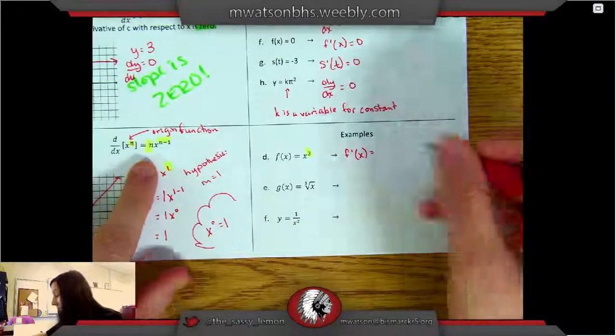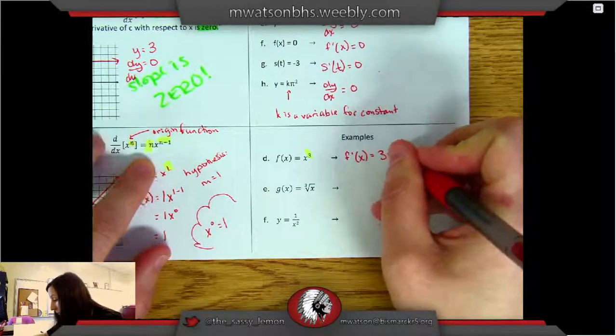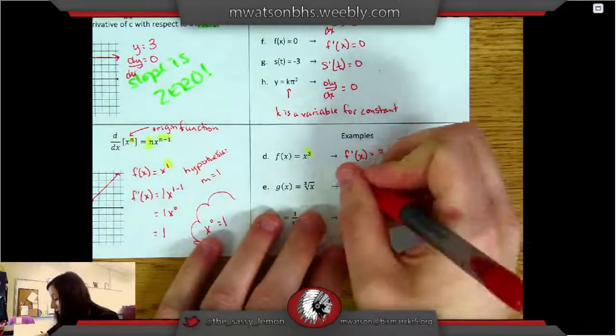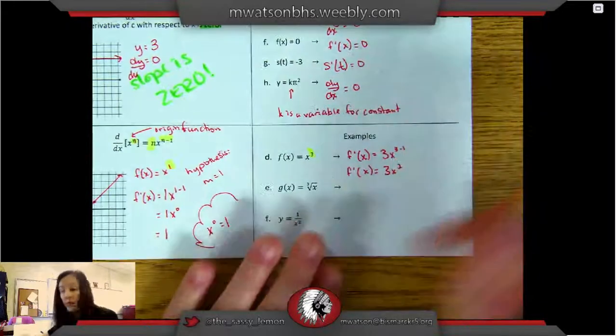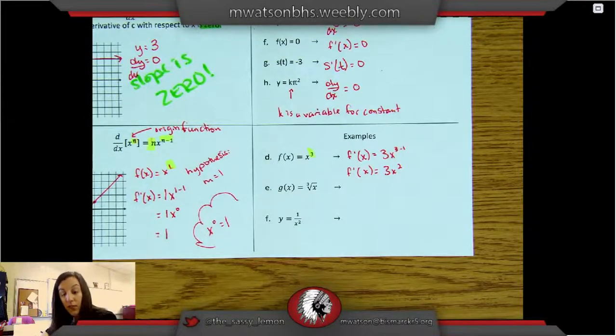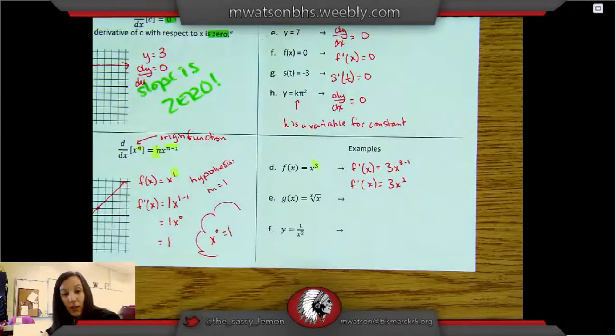See that here? So our derivative is 3 times x to the 3 minus 1. So f prime of x equals 3x squared. And that's the derivative. So if you want to find the slope at any point on the cubic function, you just take your x value and plug it into this derivative.